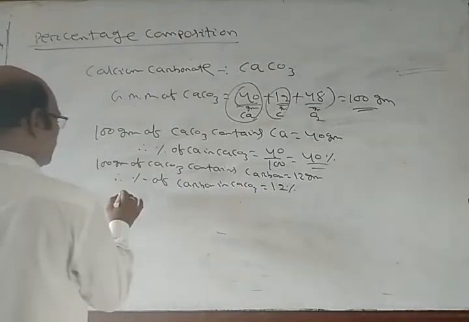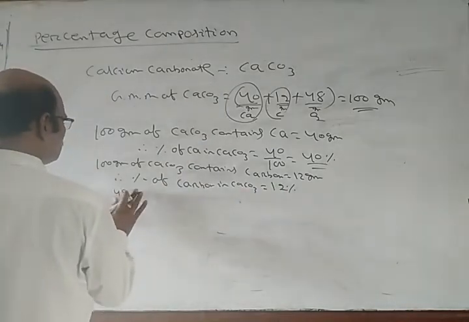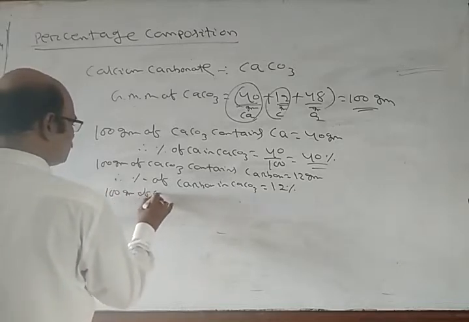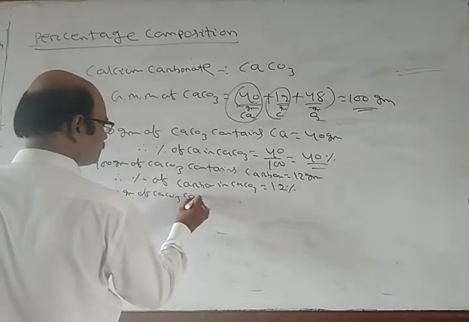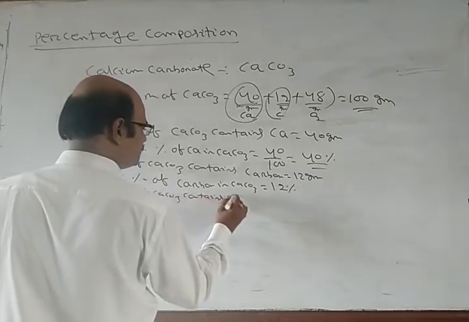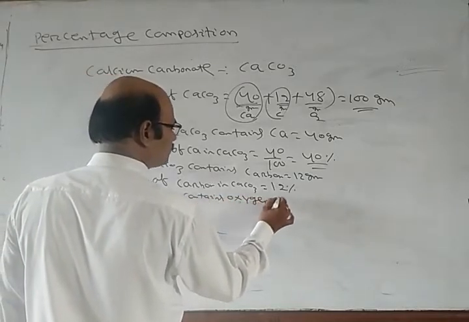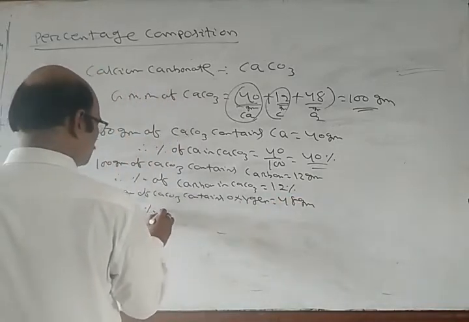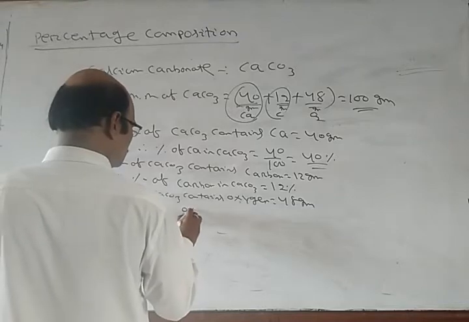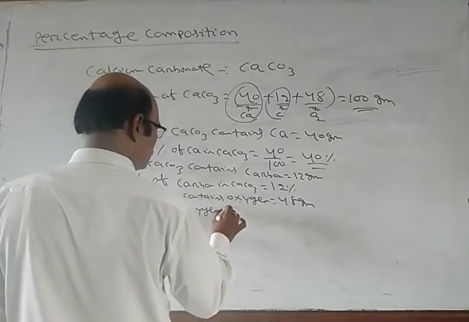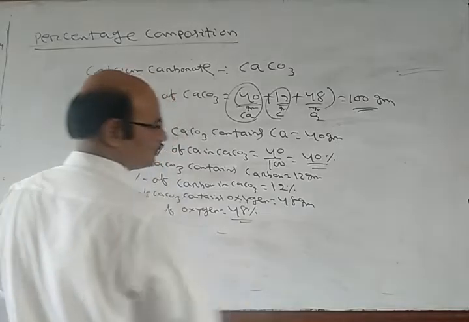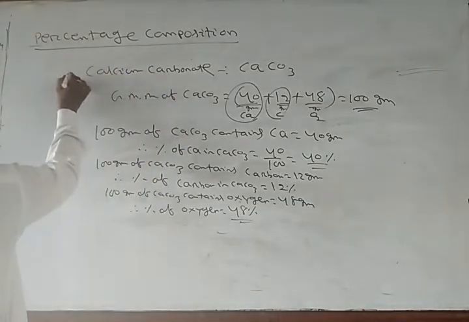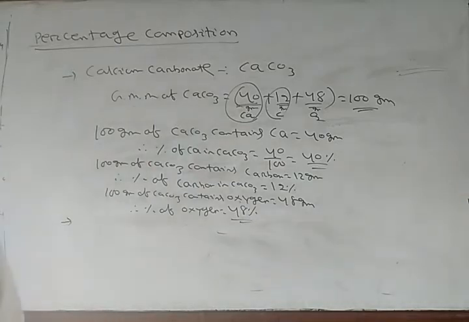Similarly, 100 gram of calcium carbonate contains oxygen equal to 48 gram. Therefore, percentage of oxygen equal to 48%.